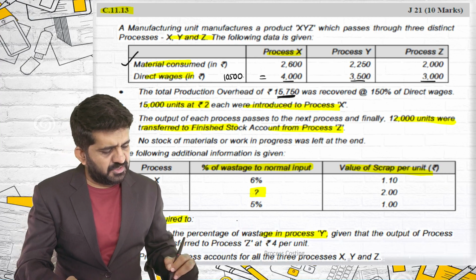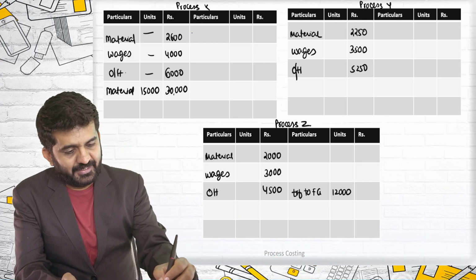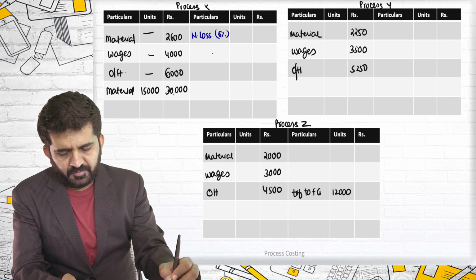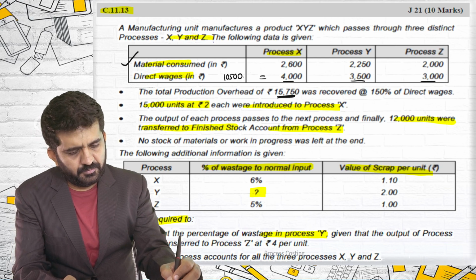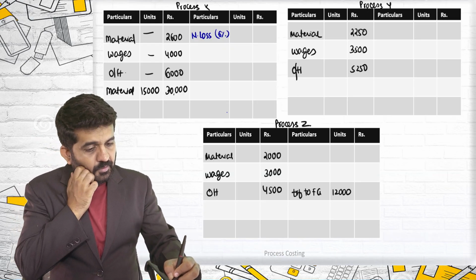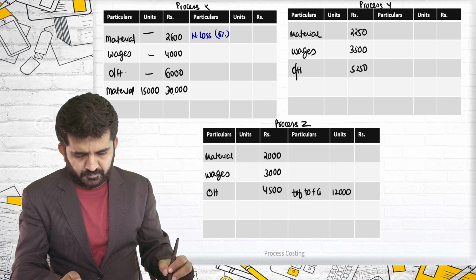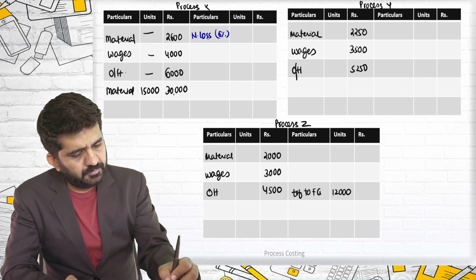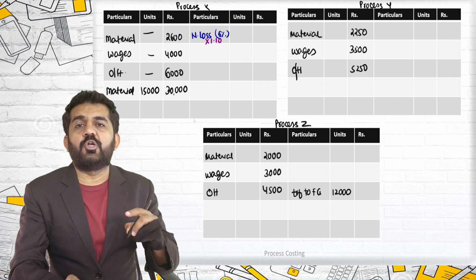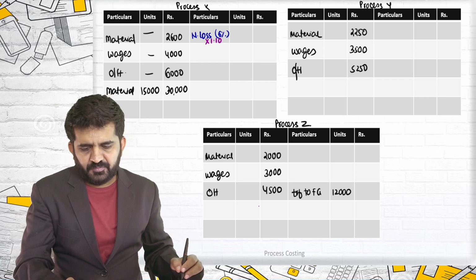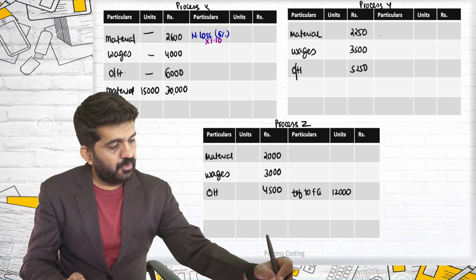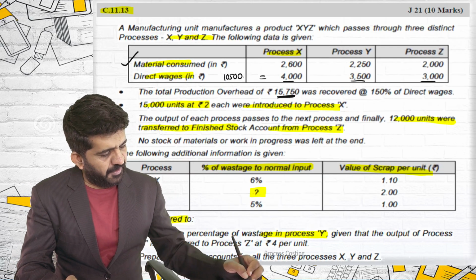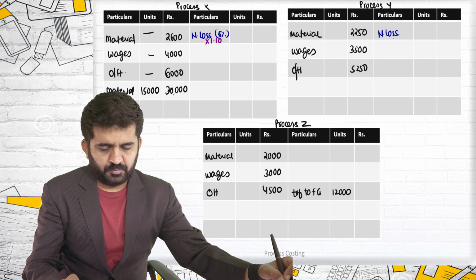Process X wastage is 6%. So process X normal loss is 6%, having a scrap value of 1.10. Normal loss is valued at scrap value. Process Y, normal loss is not available. We need to find it out, but it will be sold at rupees 2.